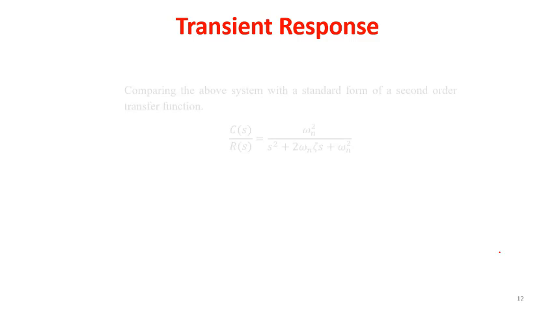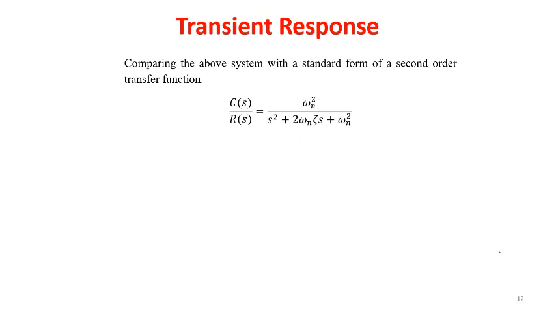Next, we need to compare the above system with the standard form of a second order transfer function, that is C of s by R of s equal to omega n square by s square plus 2 zeta omega n s plus omega n square. So when we compare, we can see omega n square is equal to 16 and 2 zeta omega n is equal to 5.